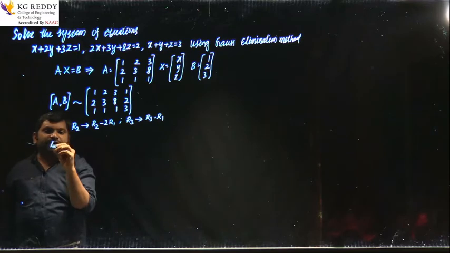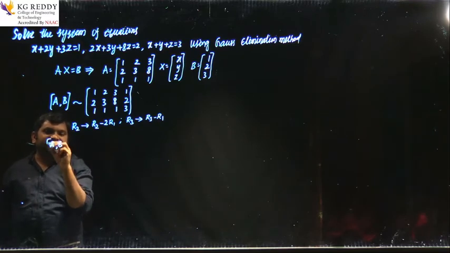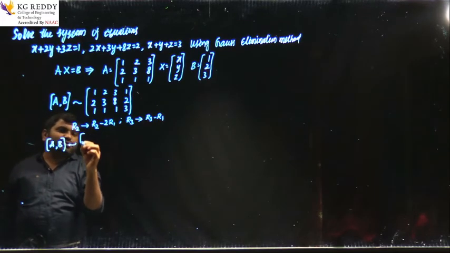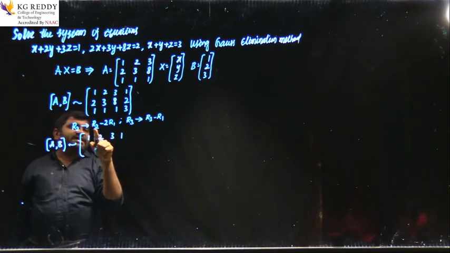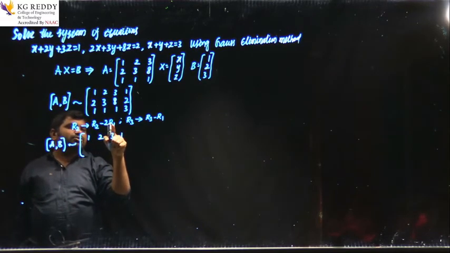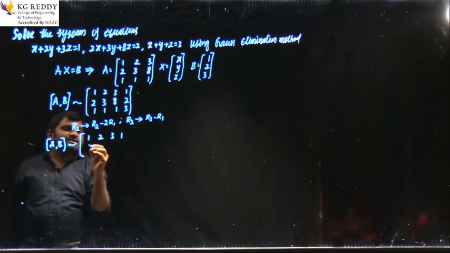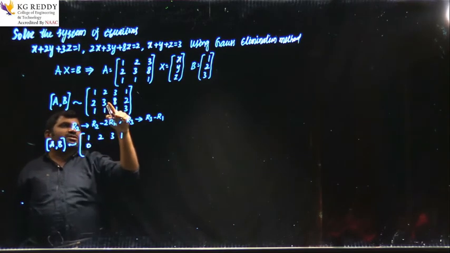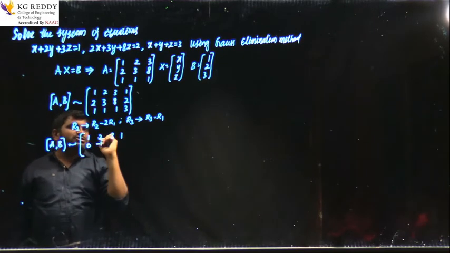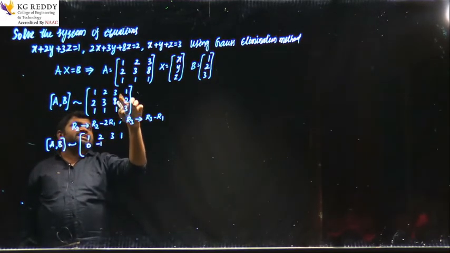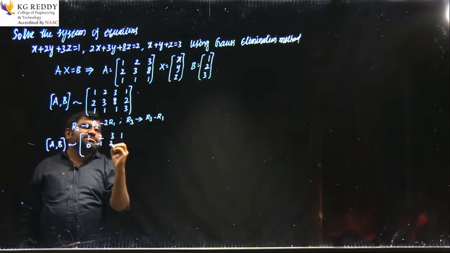Therefore the augmented matrix is: the first row is the same, that is 1, 2, 3, 1. For the second row we use the R2 minus 2R1 formula. So the first element will be 0, then 3 minus 2 into 2, 3 minus 4, it will be minus 1. Next 8 minus 6, 8 minus 6 means 2.